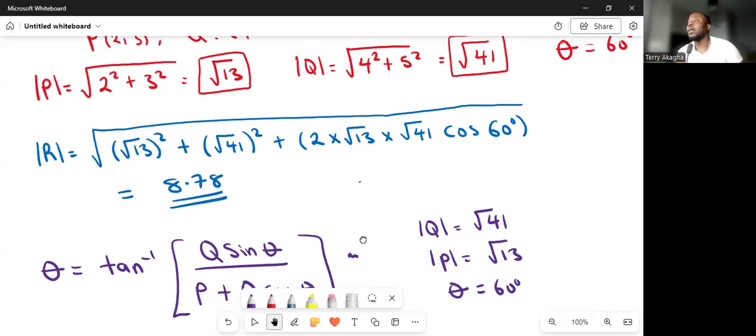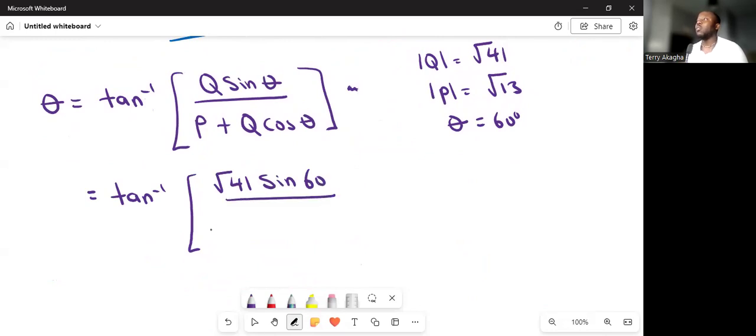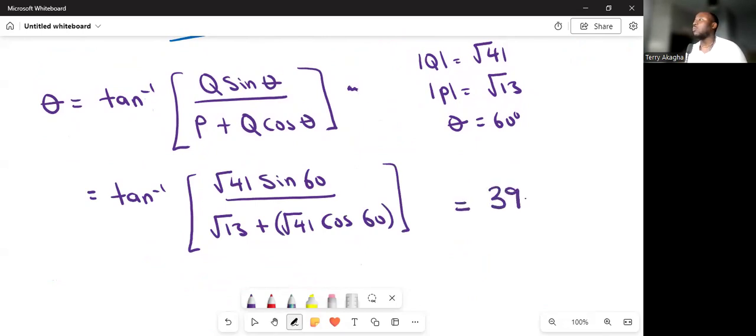So with that, I can now say theta is equal to the tan inverse of Q, which is root 41 sine 60 degrees, divided by P, which is root 13, plus Q, which is root 41 cos 60 degrees. And when you press this in your calculator, the answer you're going to get is 39.17 degrees. So the angle there is 39.17 degrees.